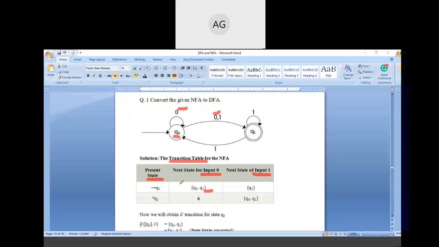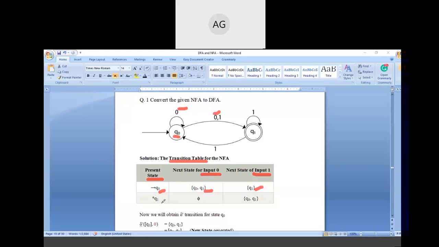On getting input 1, on the q naught state, as you can see on the upper arrow from q naught to q1, you can move to q1 like this. Now all the input symbols of q naught have been written.